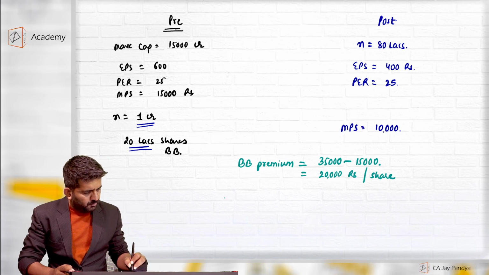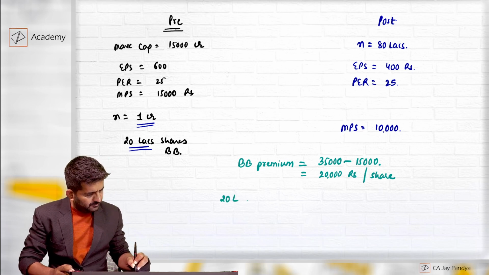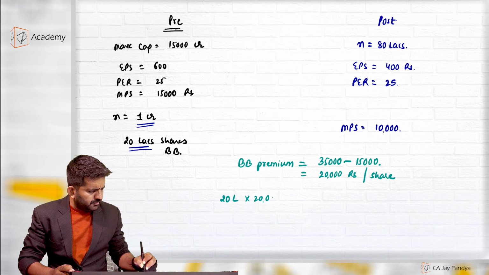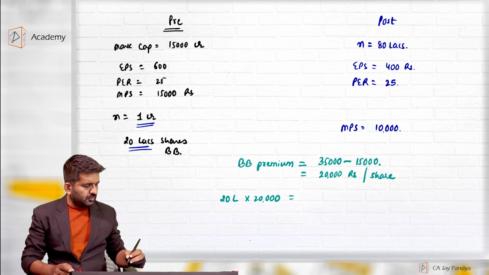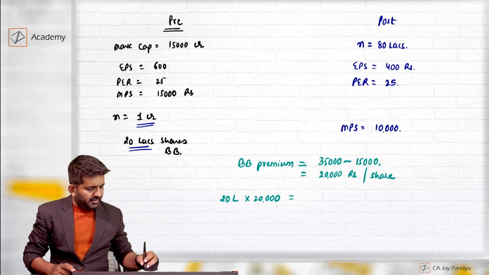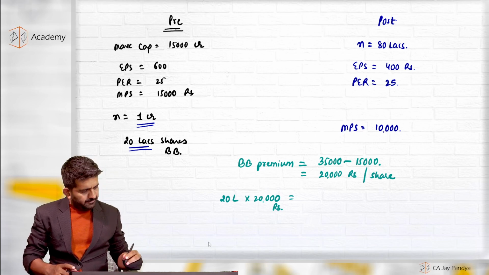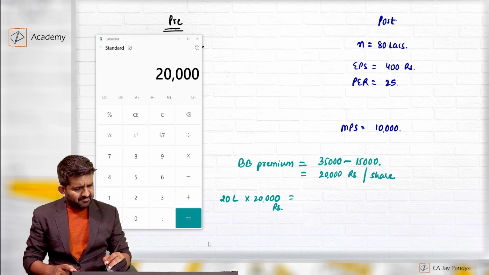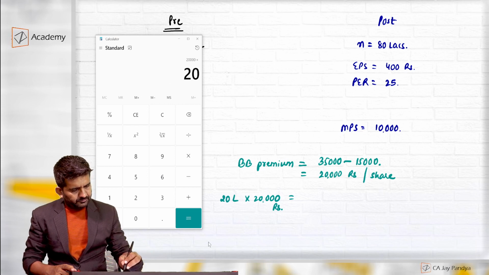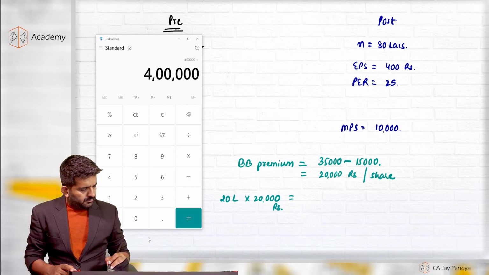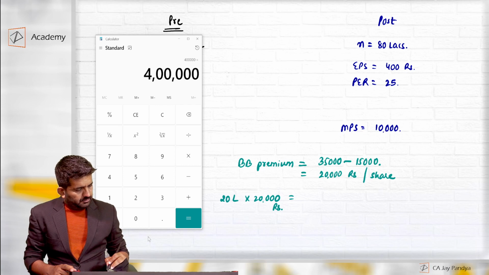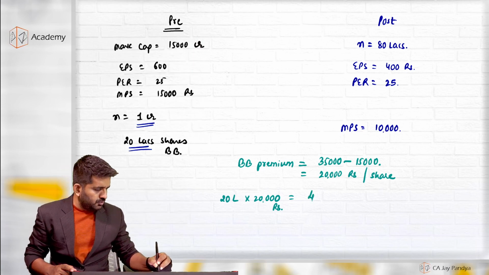Number of shares bought back are 20 lakhs into 20,000 rupees. This will be 4,000 crores.